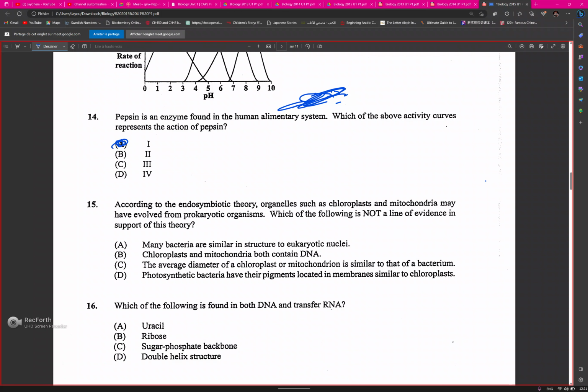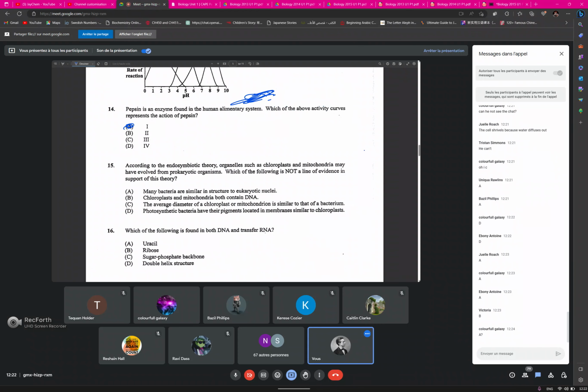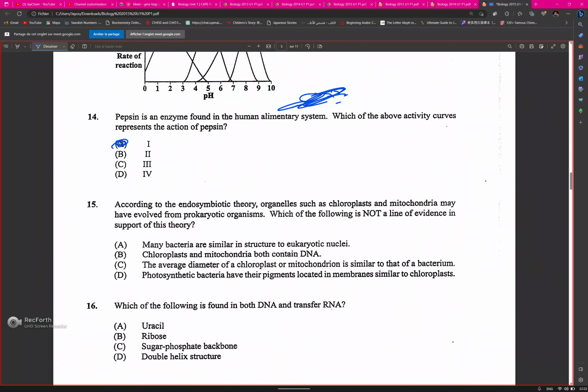Number 15. According to the endosymbiotic theory, organelles such as chloroplasts and mitochondria have evolved from prokaryotic organisms. Which of the following is not a line of evidence in support of this theory? A. B would support it because they both contain DNA.